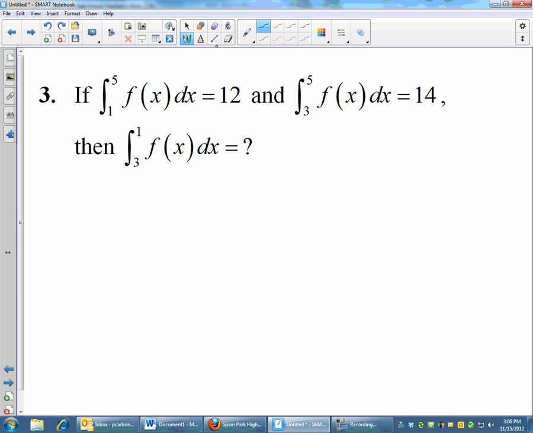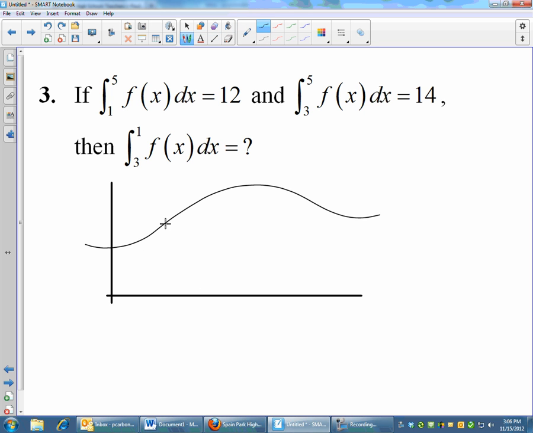Maybe I'm going to solve this by graphing. I may do this one more in a graphical way. So let's see. I have some function f of x, area from 1 to 5. That whole area is 12. The area from 3 to 5, so I'll put 3 right here.